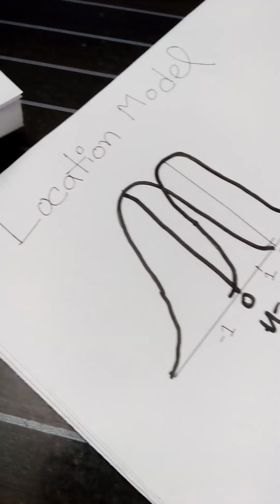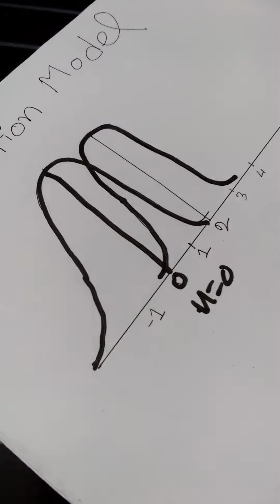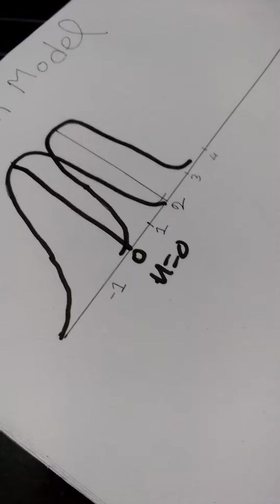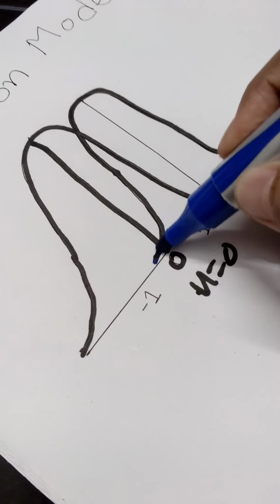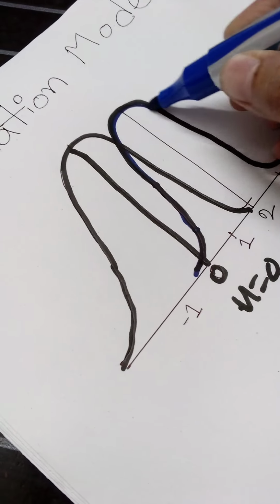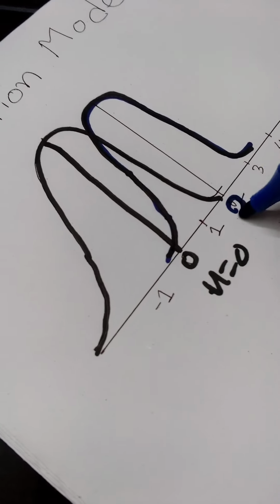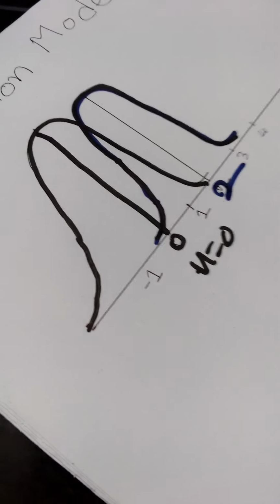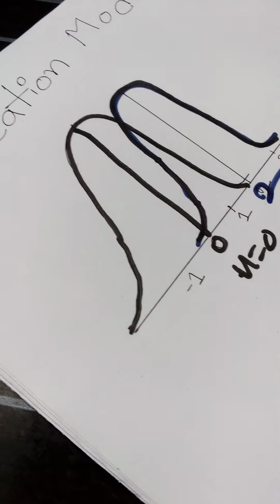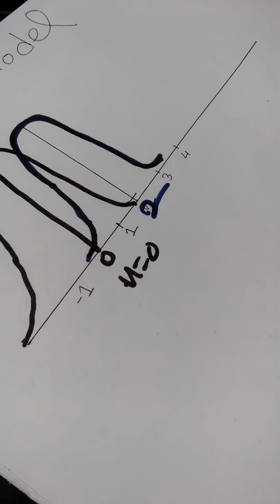We highlight this location model with blue pen, and here the mean mu is 2. So for this distribution we have to add a location parameter mu.